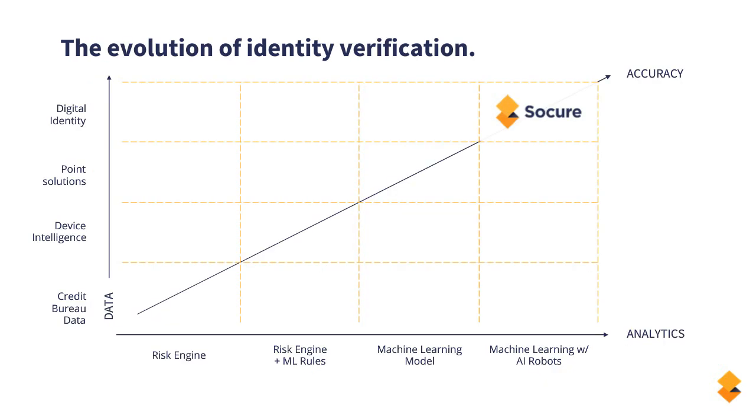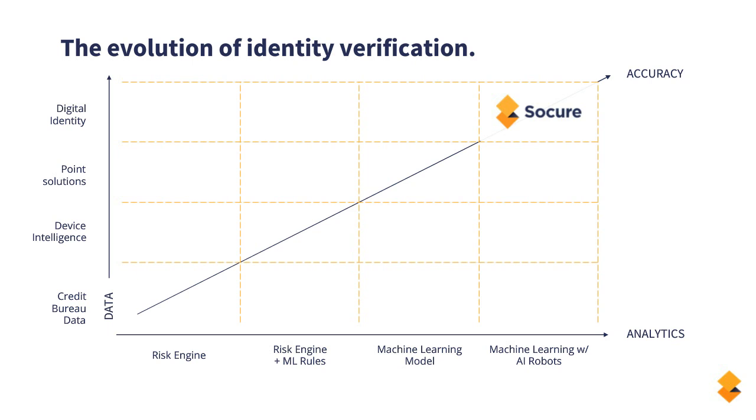It's important to understand how we got here today in identity verification. 20, 30 years ago, the credit bureaus were really the only game in town. Leveraging basically credit header, credit application information, and then throwing rules was really how both KYC, CIP, as well as basic fraud prediction took place.